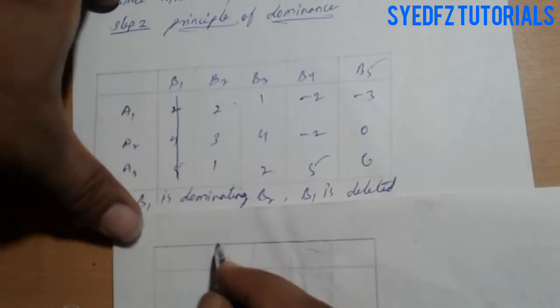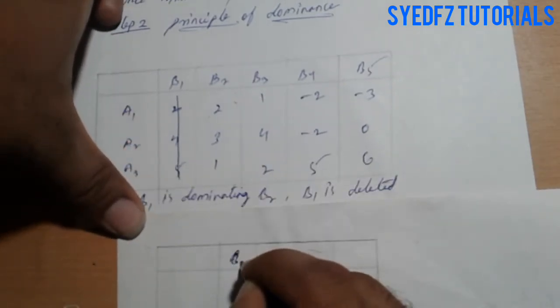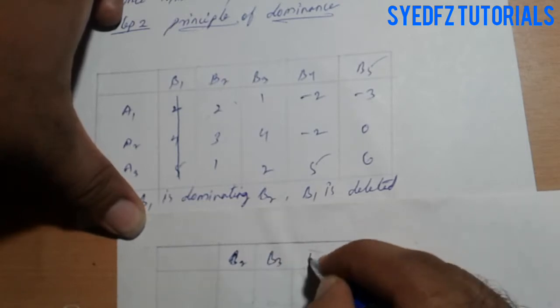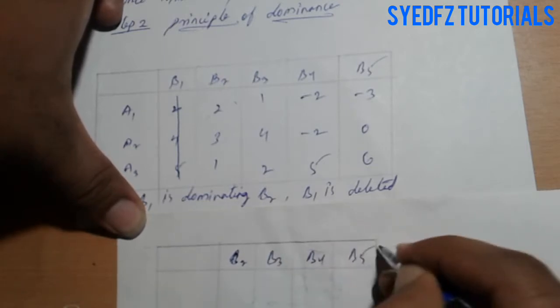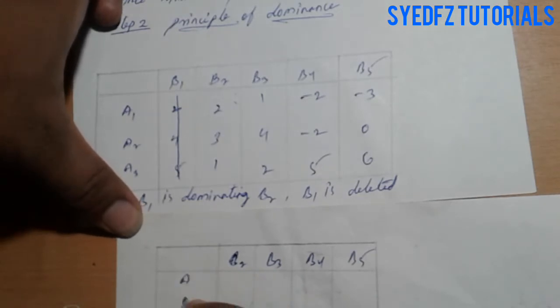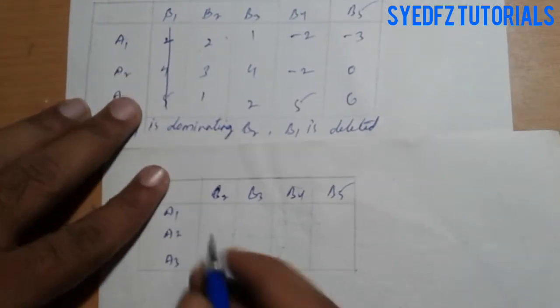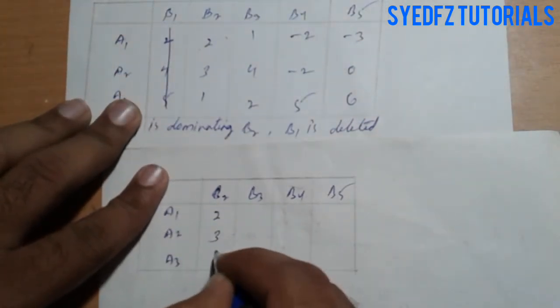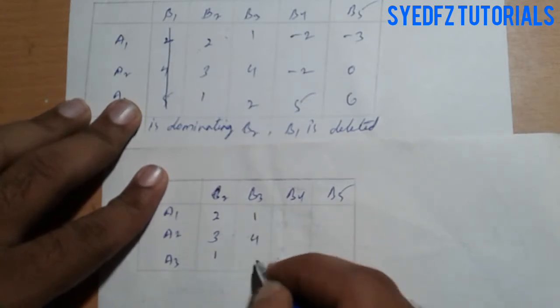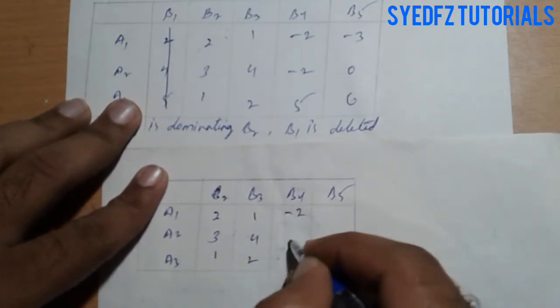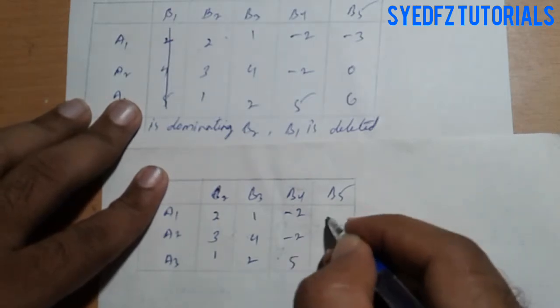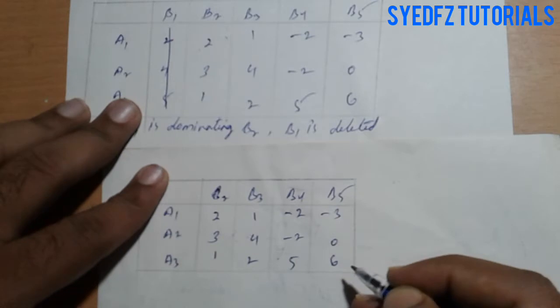We are getting only 4 rows. Take B1, B2, B3, B4, B5 and A1, A2, A3 and take the values: 2, 3, 1, 1, 4, 2, minus 2, minus 2, 5, minus 3, 0, 6.